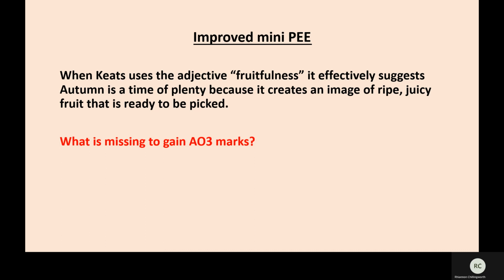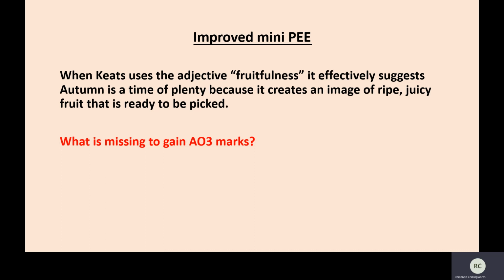However, there is something missing potentially, and that is the context. Now, you do not necessarily have to write about the context for every point or quotation that you make. You need to ensure that you have written about the context for at least half of your mini PEs.